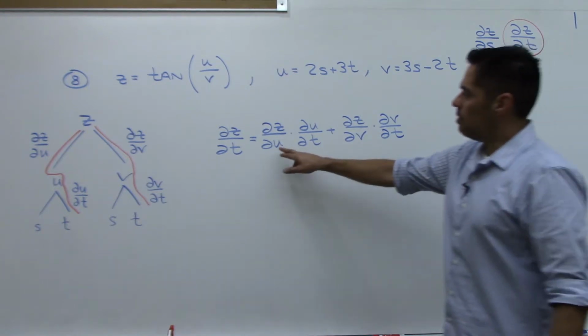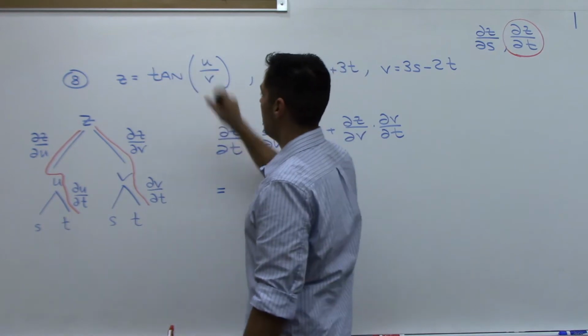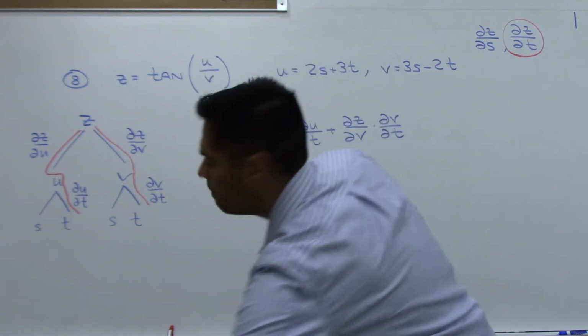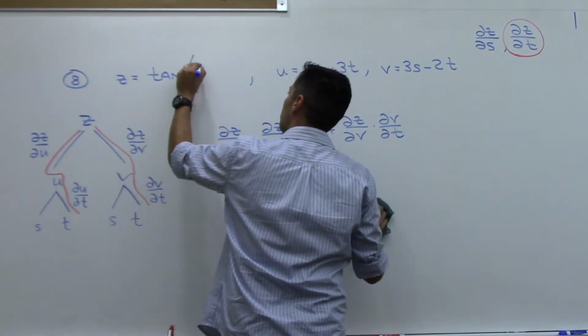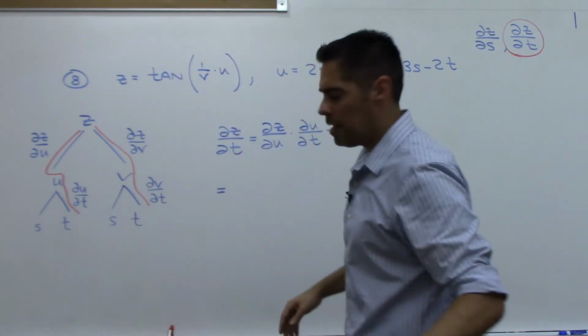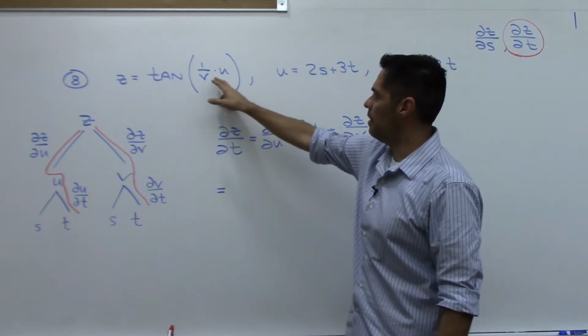All right, what is the partial of z with respect to u? Well, that's this, treating u like a variable. So remember this right here, might make it a little easier. U over v is the same as 1 over v times u. And we're treating u like it's the variable, and that means that v is a constant.